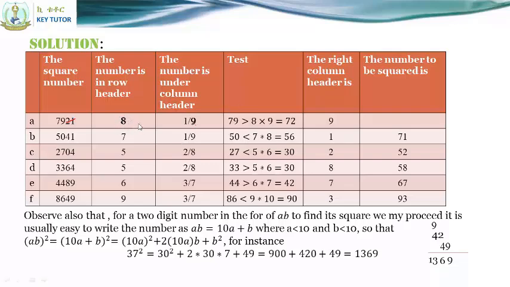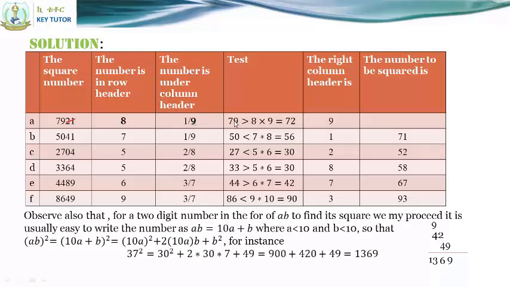Now it remains to determine what column this number belongs to. As it ends in 1, the last digit of the perfect square is 1, then either it is in column 1 as in the previous discussion, or in column 9. To know whether the number is in column 1 or 9, we have a test here.